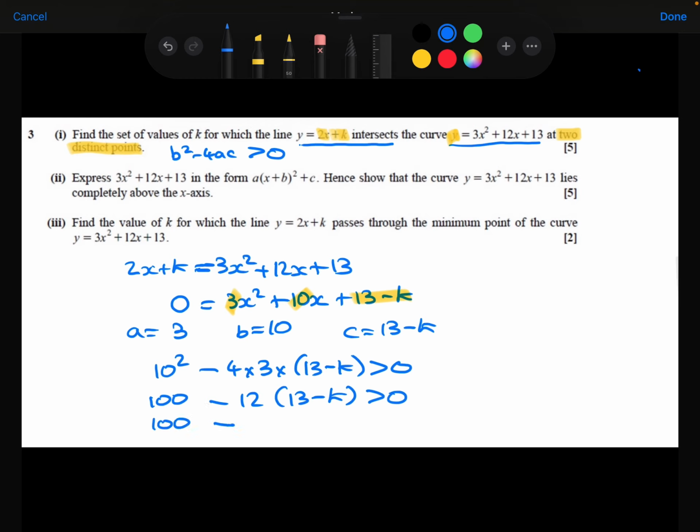So 12 times 13 is 156. Then we've got the minus 12 times the minus k. So that's plus 12k. The 100 minus the 156 is minus 56.